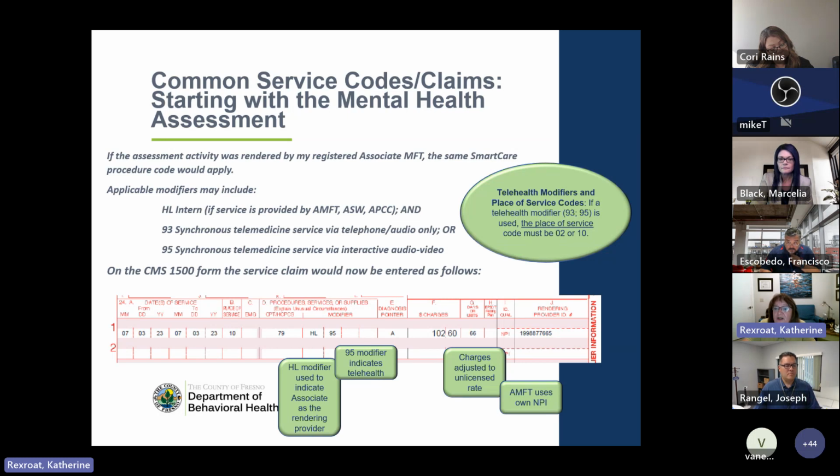If you're going to use the telehealth modifier 93 or 95, the place of service code must be 02 or 09, indicating that the client is either in their home or outside of their home, but not in your office. Those place of service codes are critical to ensure that the modifier and the claim are entered into our system smoothly.